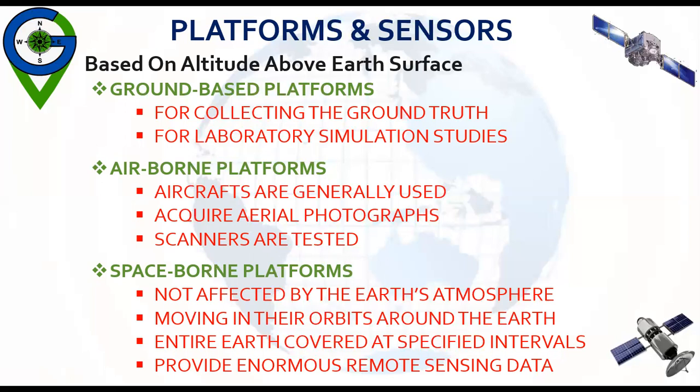They keep on moving in an orbit around the Earth, and they give information of all the Earth. In space, remote sensing is conducted mainly from satellites, and it is called satellite remote sensing. It is also known as satellite-borne remote sensing.